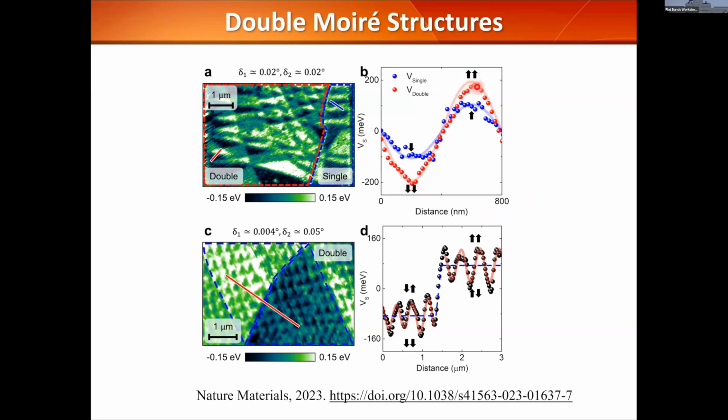In this case, we're getting 400 meV potential depth. And if the twist angle is very different at the 2 interfaces, you have this multilayer ferroelectric behavior, with the bigger domain giving you this larger triangle and this plateau in the potential, and the smaller moiré giving you the sinusoidal oscillation of the moiré modulation.